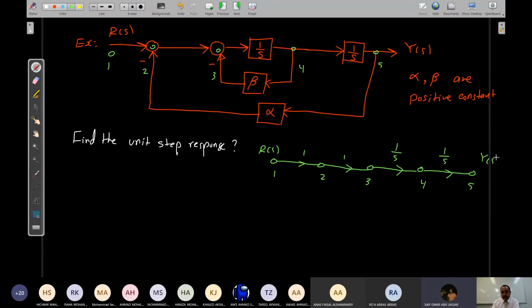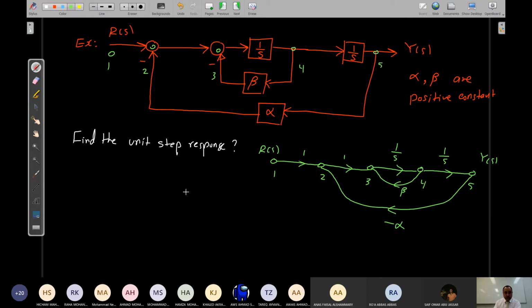From 5 to 2, minus alpha. And from 4 to 3, minus beta. Good. Thank you.